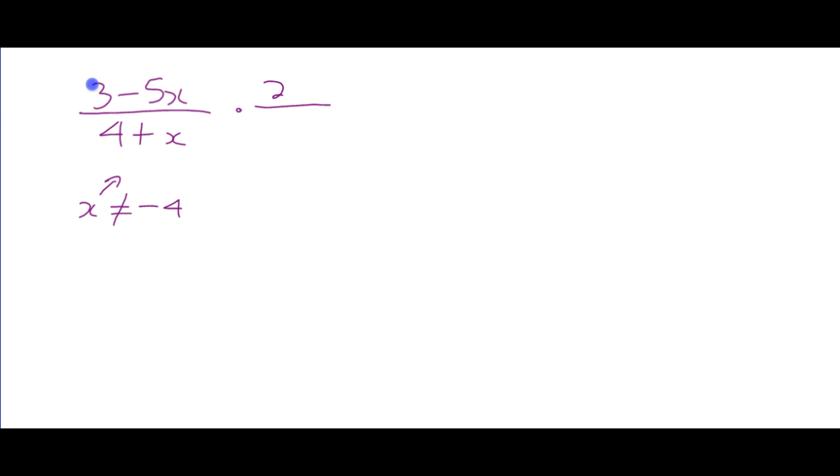I'm going to multiply by 2x over 2x. It's going to give me (6x - 10x²)/(8x + 2x²). So this and this are equivalent rational expressions, right?